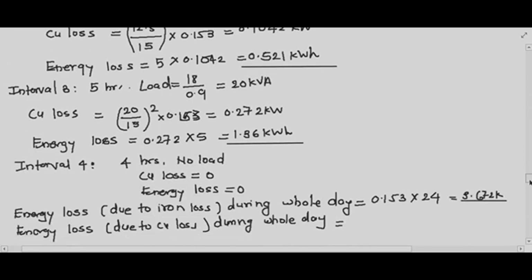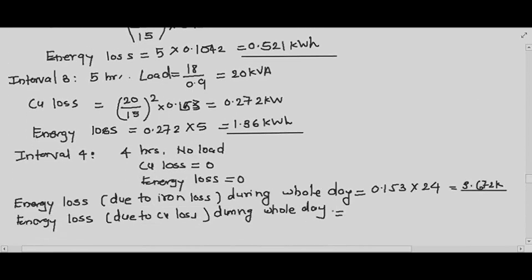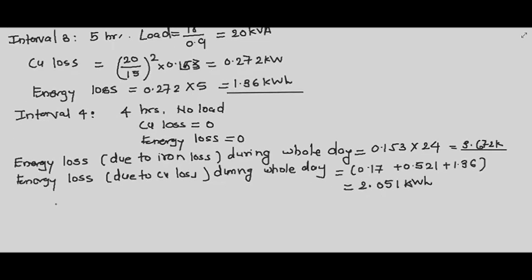During the 4th interval there is no copper loss. Okay, so this is 0.17 plus 0.521 plus 1.36. So this will be equal to 2.051 kWh. Always take 3 digits after the decimal point.